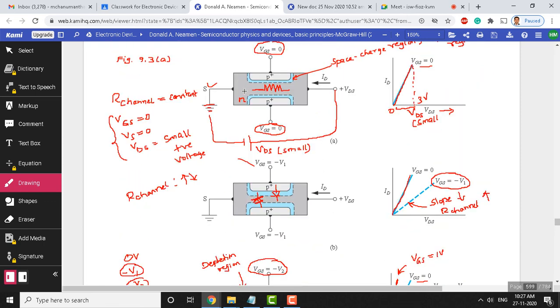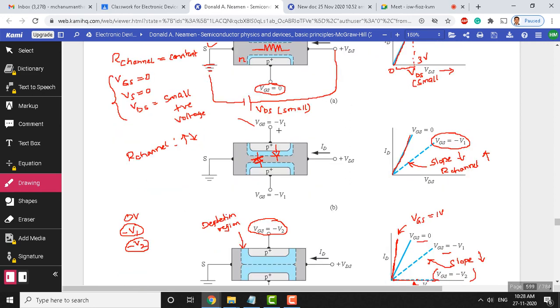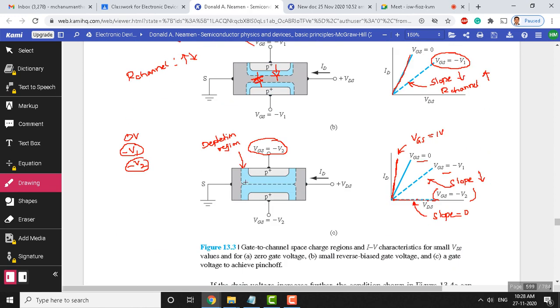With 0 there is a constant resistance in the channel, and with increased negative voltage the resistance keeps increasing, and you can see there is a large resistance here. R channel is very high in this case, because the channel is now completely occupied by the space charge region.